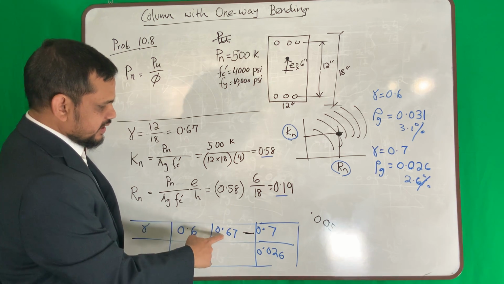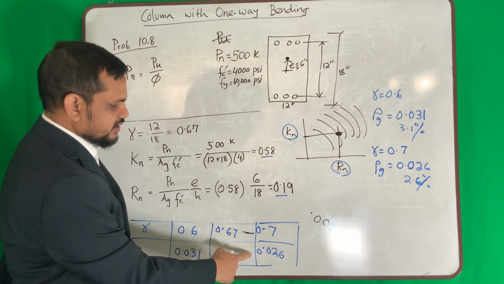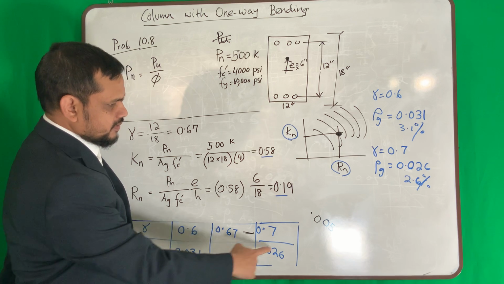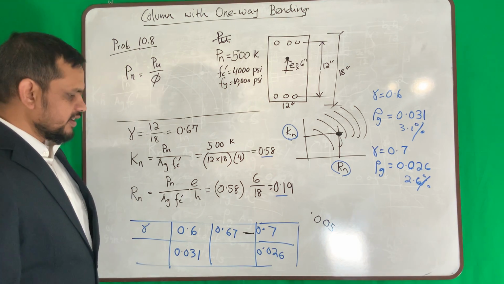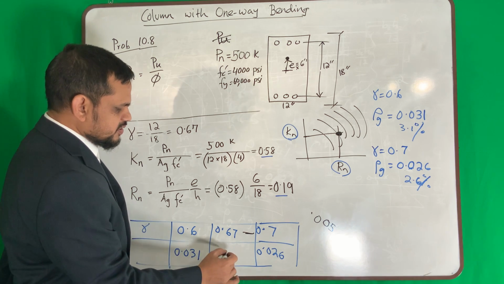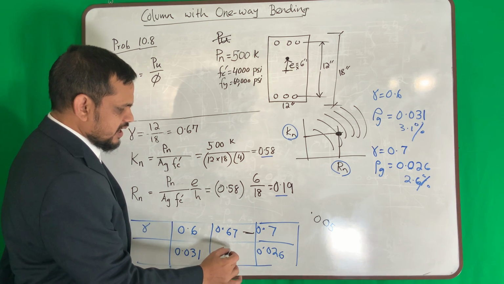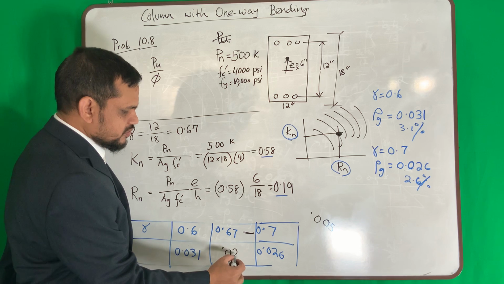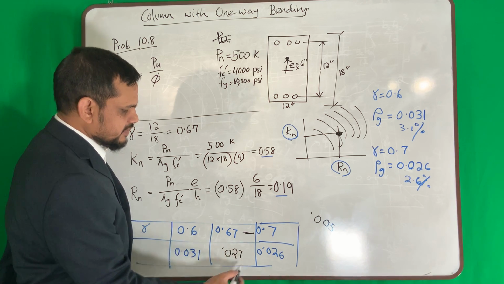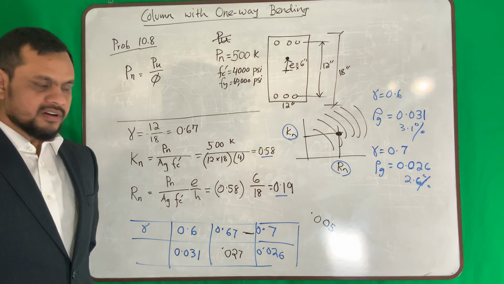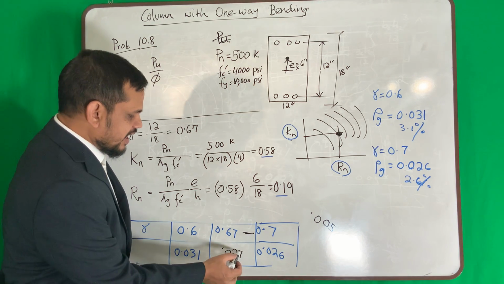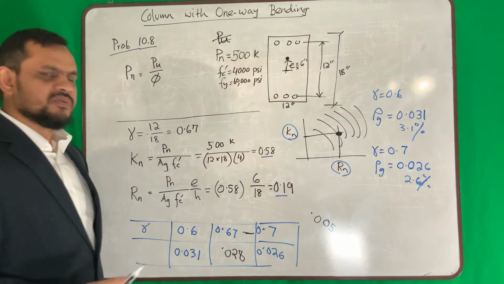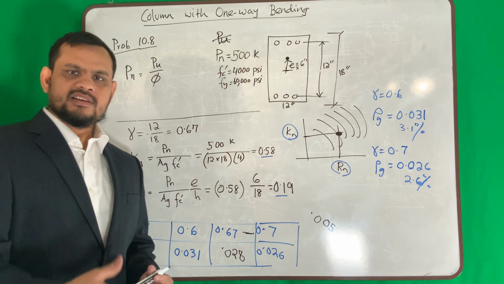That means 2/3, 1/3 from this side. So 1/3 of 0.005 is roughly 0.15. So my value is coming, by my rough calculation, to 0.027 something. As I am doing rough mathematics, I'll take 0.028. I'll be on the safe side.